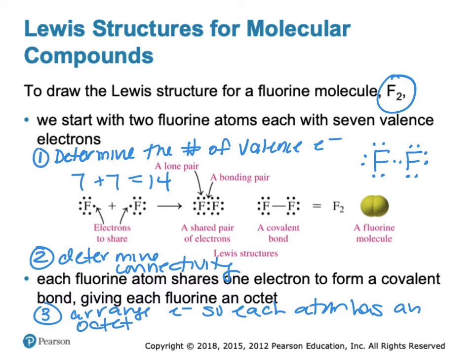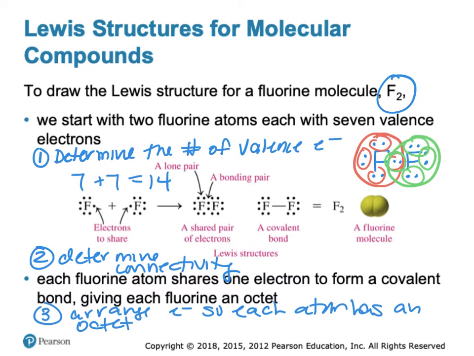All right, so this first fluorine, I'm going to change my color for a minute here, now has 8 valence electrons: 2, 4, 6, and then 8. This second fluorine also has 8 valence electrons: 2, 4, 6, 8.